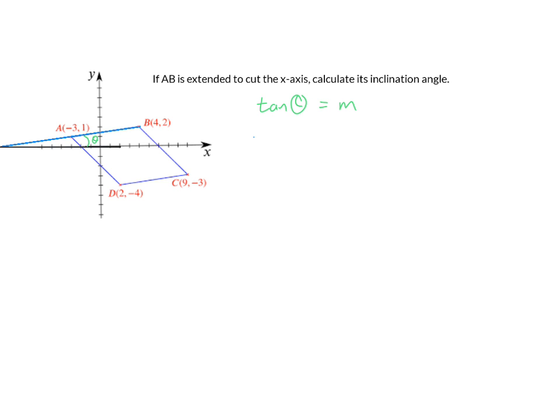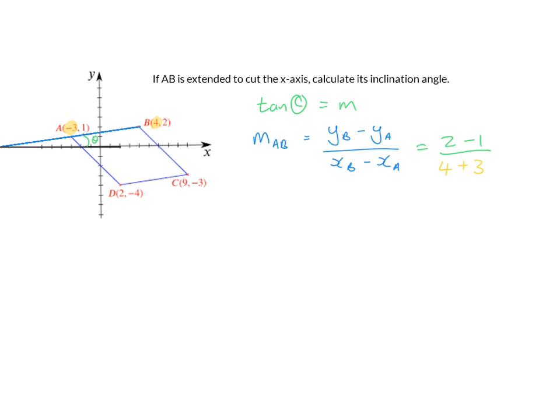So for m, the gradient of AB, we can write it's YB minus YA over XB minus XA. So here in the top, we start with the Y values, which is 2 minus 1 over the X values, 4 minus 3, which becomes 4 plus 3.